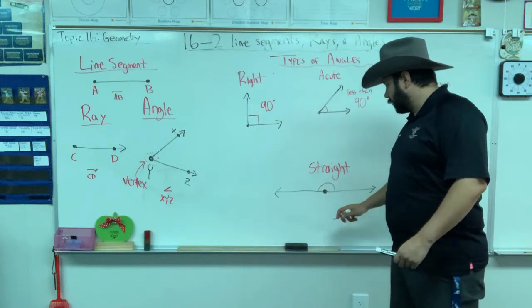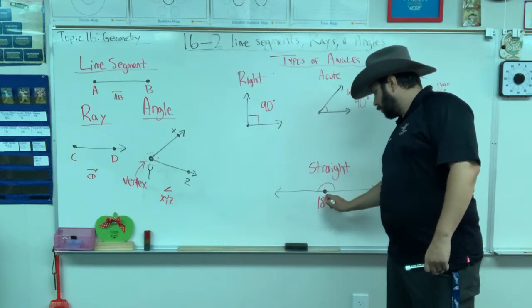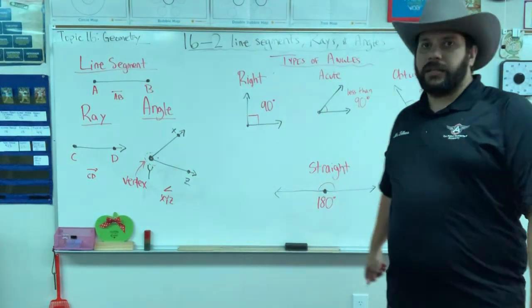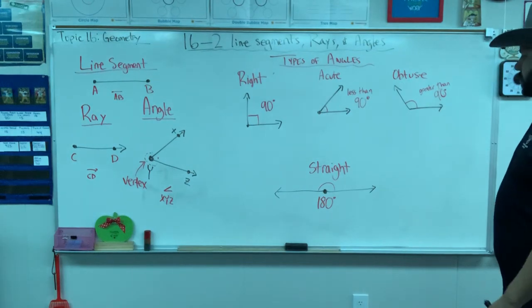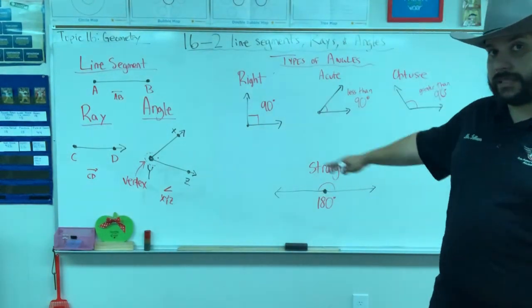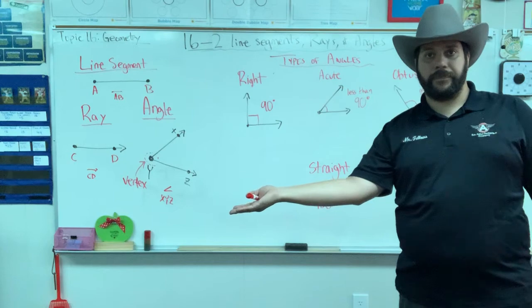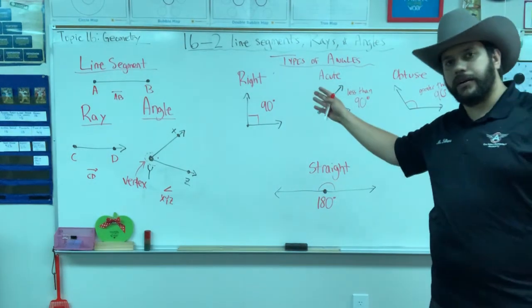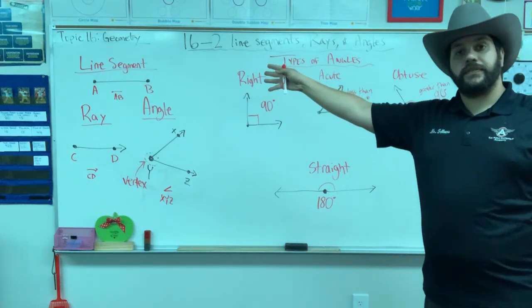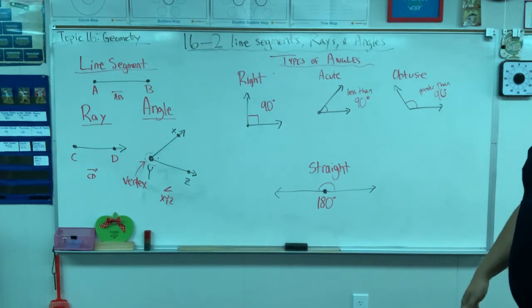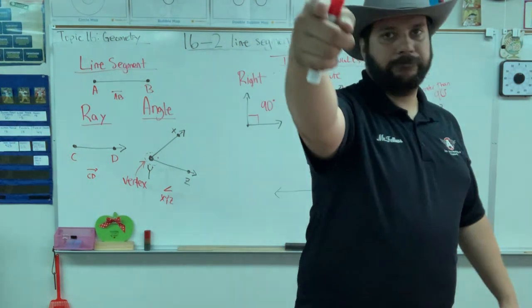So we draw our little circle here. This is 180 degrees. Okay, that's very specific. Is it also obtuse? Yes, because it is greater than 90. But it's 180 degrees. It's a full half circle. Okay? And those are our parts of an angle and our types of angles, okay? And that's 16-2. See ya.